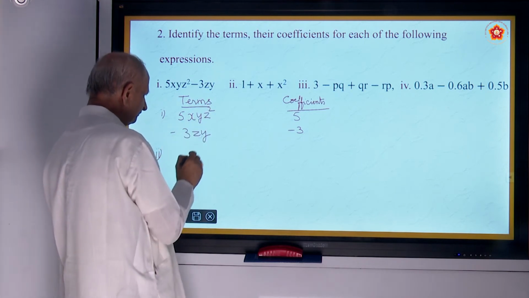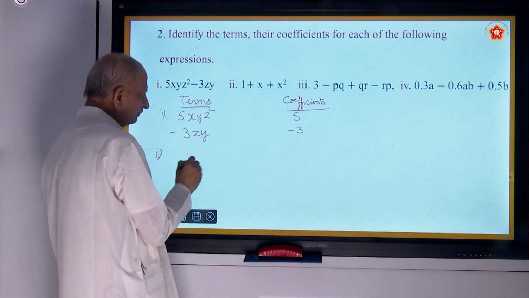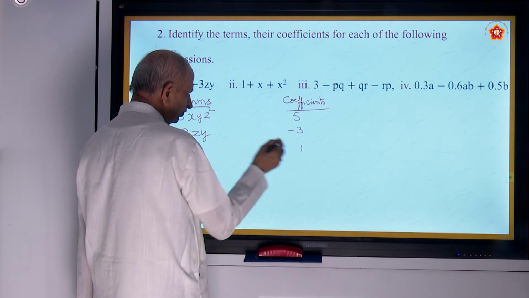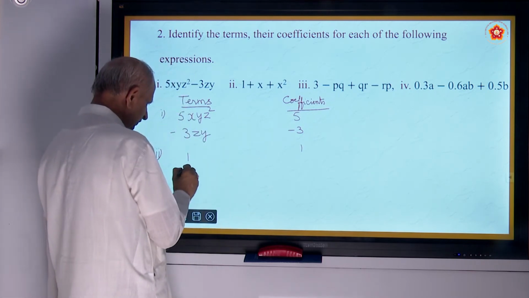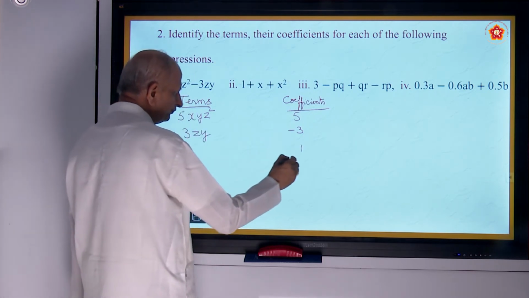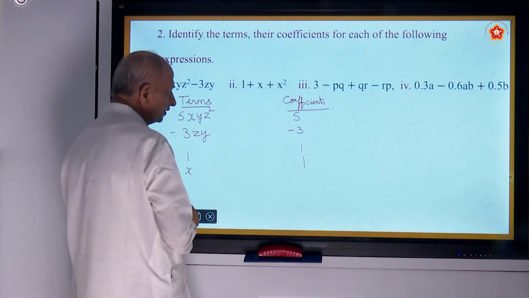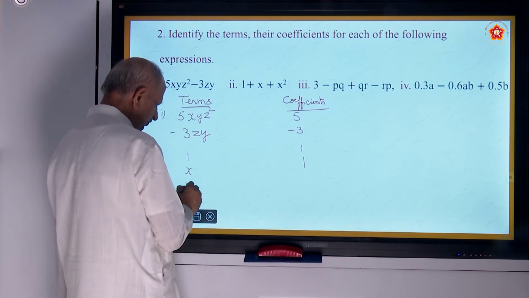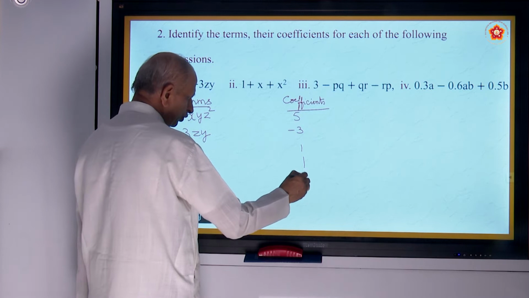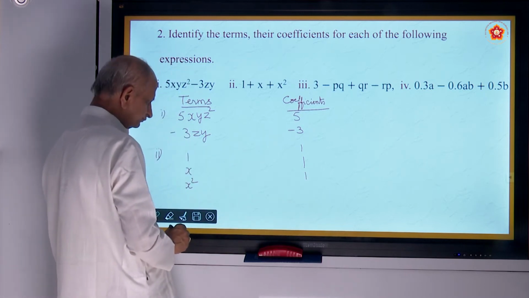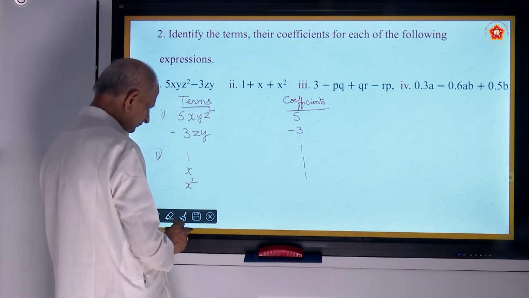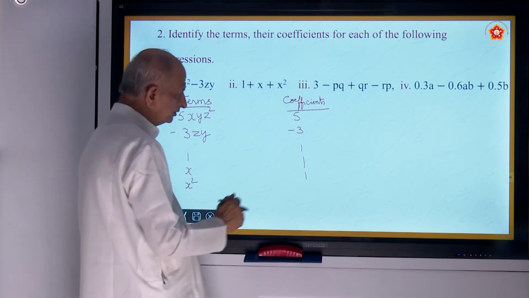Second question, term is 1. Coefficient also is 1, 1 into 1. Second one is x. The coefficient is 1. X squared, coefficient also is 1. Correct? Then third question I write here.